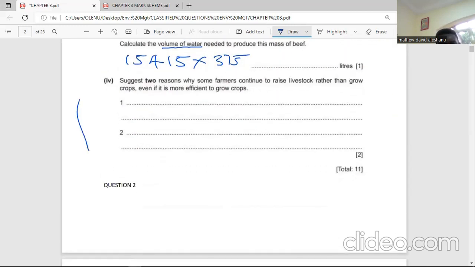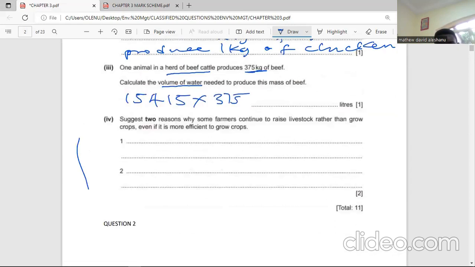Now, they say suggest 2 reasons why some farmers continue to raise livestock rather than grow crops, even if it is more efficient to grow crops. So why do they still decide so? One major reason is that there might be no land for growing crops.